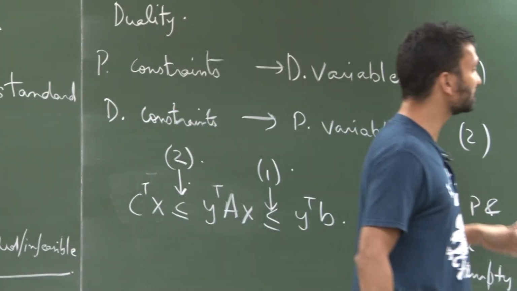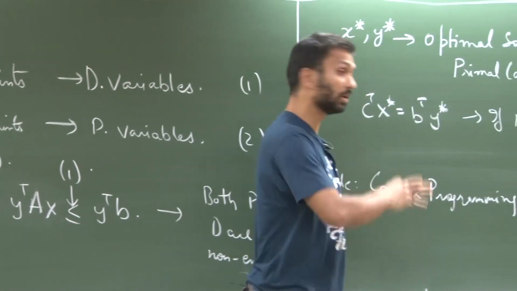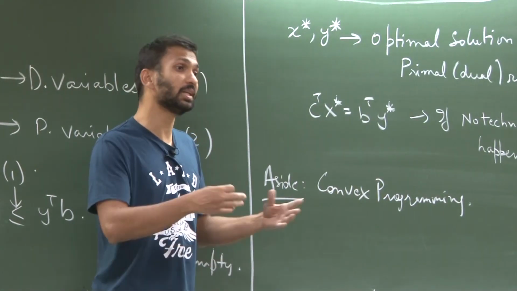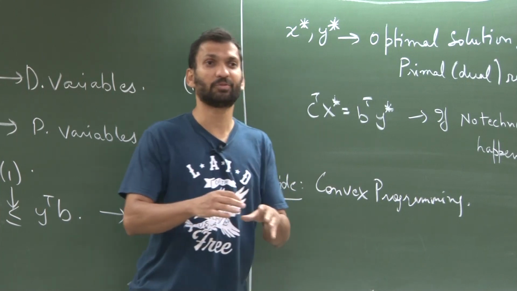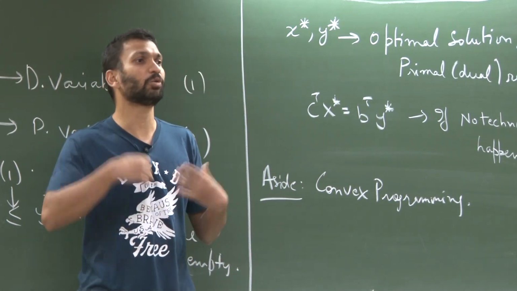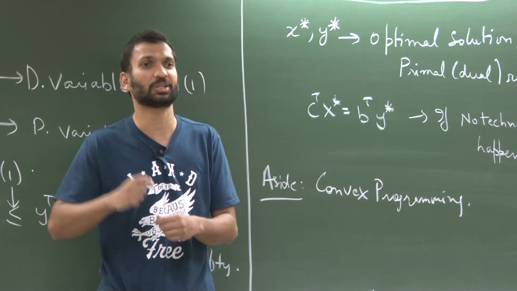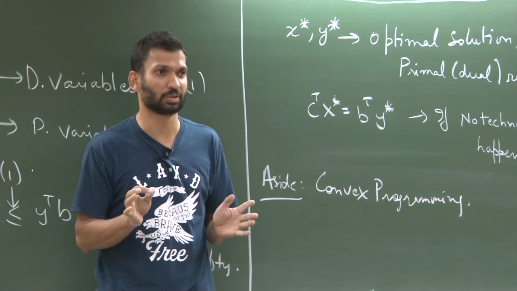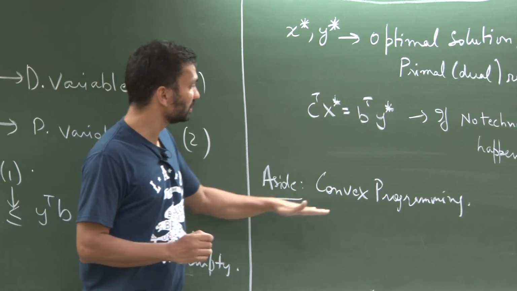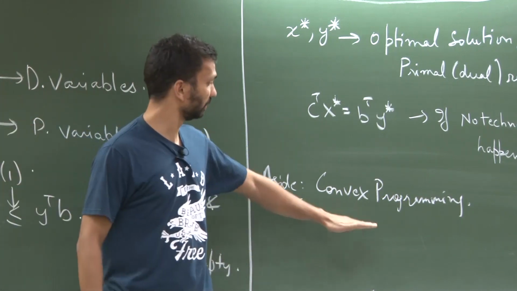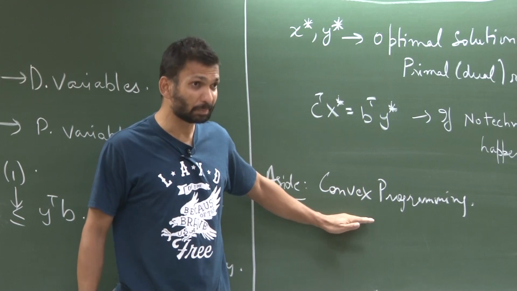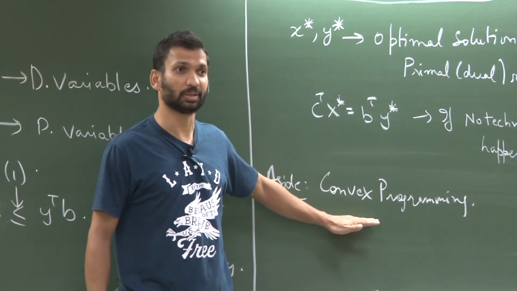So there is this bigger branch which contains linear programming and many other places where my feasible set is convex and then I want to optimize some nice function. It could be a quadratic function, a linear function, a convex function, and so forth. But the idea is that some of the properties of linear programming can still be used here, and people in optimization actually study convex programming.